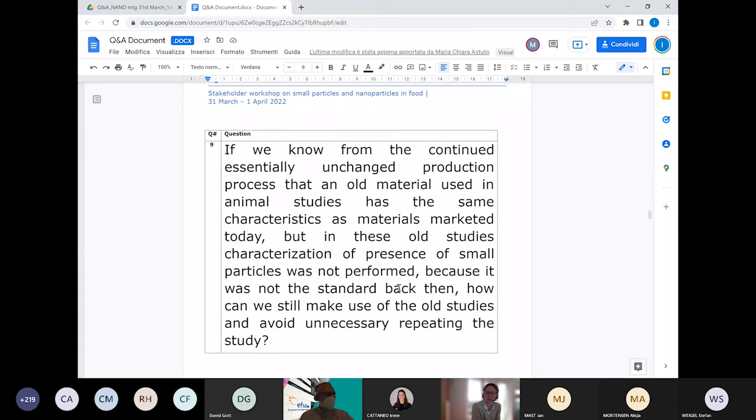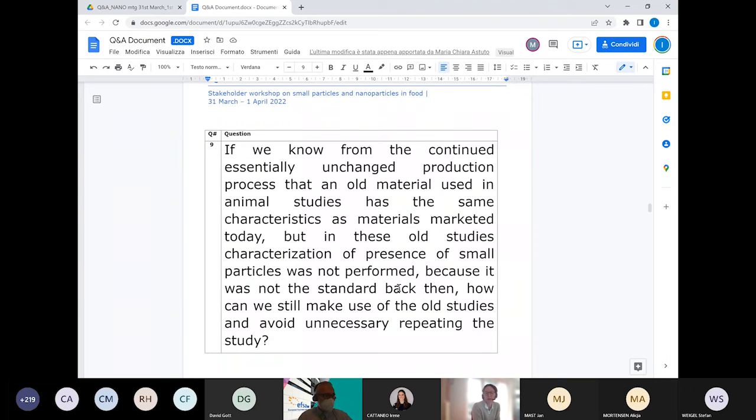Yeah, thank you. So this was indeed already addressed just before, but it is an important question, so I'll just try to answer it. If we know from the continued, essentially unchanged production process that an old material used in an animal study has the same characteristics as the material marketed, can it still be used?